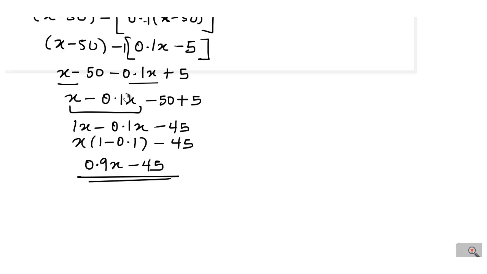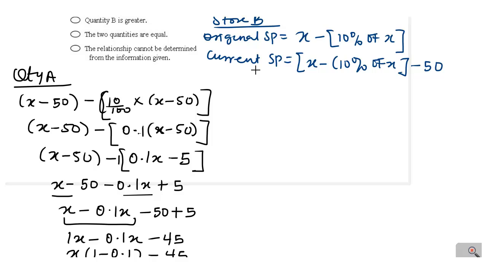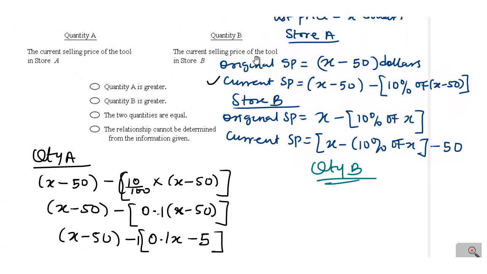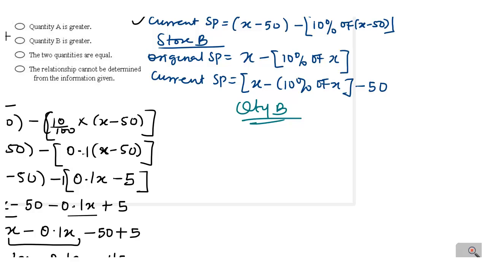Somebody may be wondering, how do we now establish a relationship? We'll do that. Let's move on to quantity B. Quantity B says the current selling price of the tool in store B. All we need to do is to decompose this.